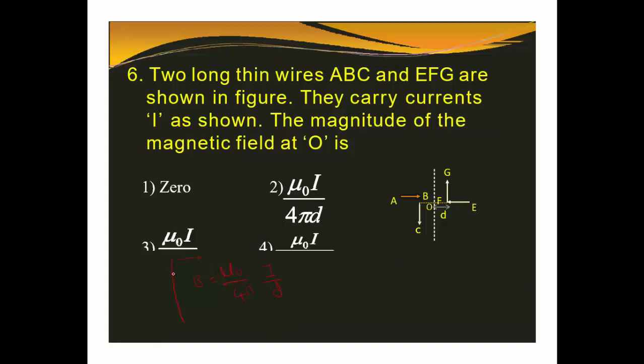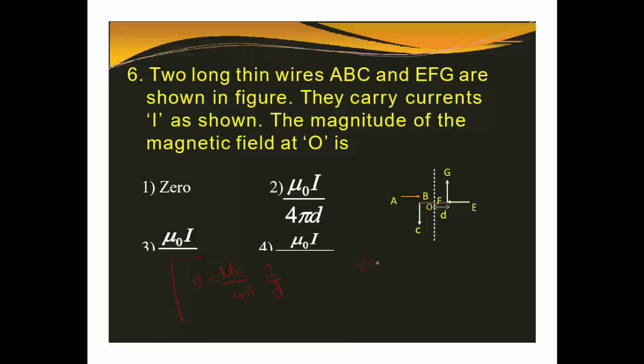This is the formula for the magnetic field at one end of the straight wire. Here also the end portion magnetic field is taken.